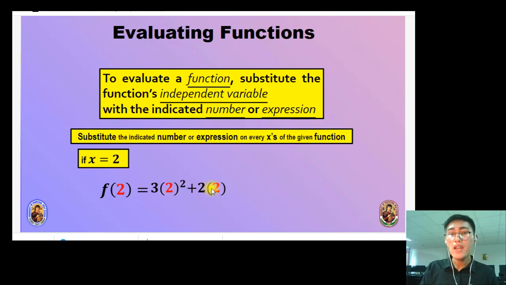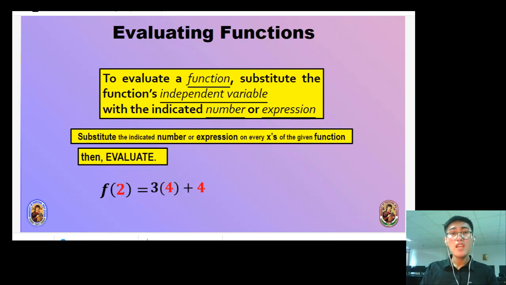And for the last one, 2x, you change x into 2. After substituting everything, you operate the given function. What do I mean? You combine like terms, or you do the operations like PEMDAS, MDAS, or GEMDAS, or any operation involving integers.